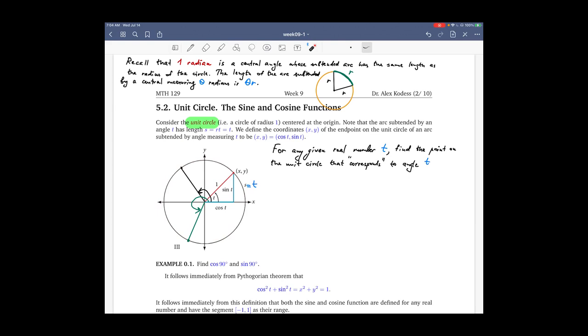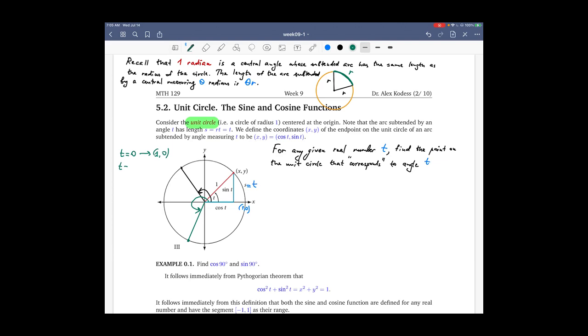Again, this correspondence is not one-to-one. Different t's may result in the same point. For instance, t equals 0 gives you this point with coordinates 1, 0. If t is 0, you get the point 1, 0.